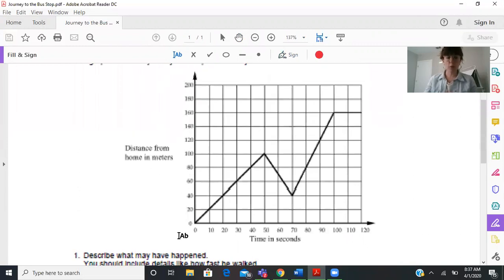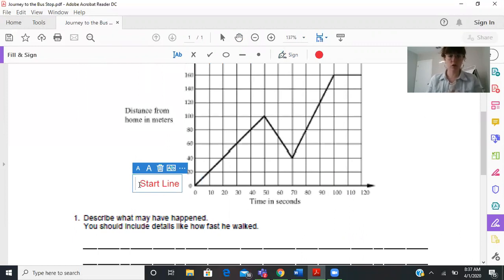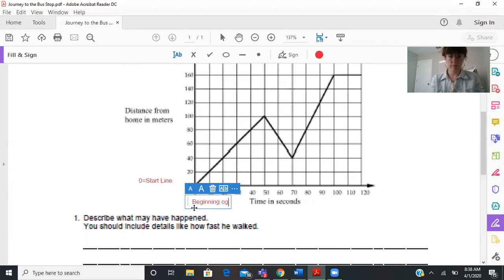But I want you to understand that here at 0, that means I'm at the start line. 0 equals the start line in terms of distance, and then 0 for time would be like the beginning of time. So like 0 seconds if you're just doing a stopwatch.